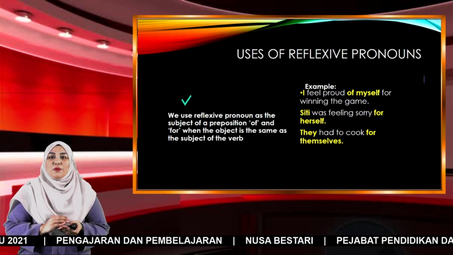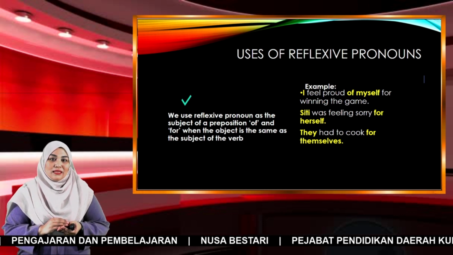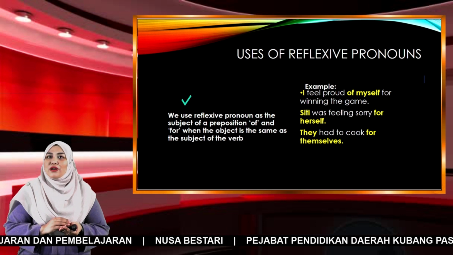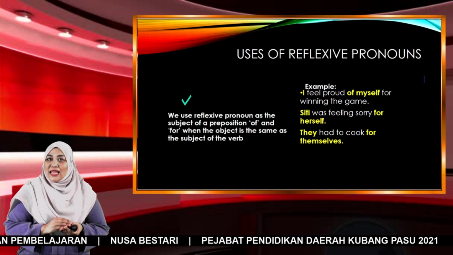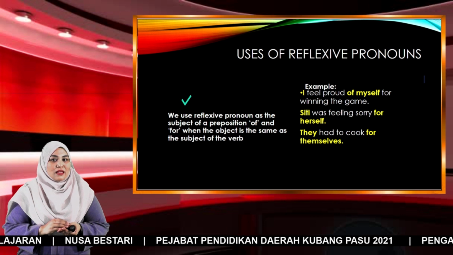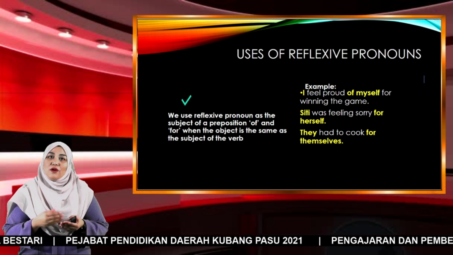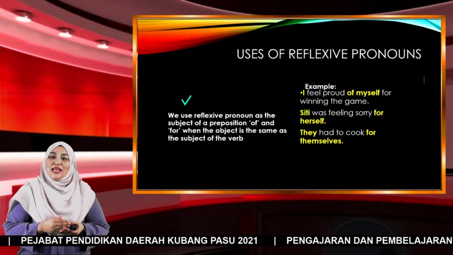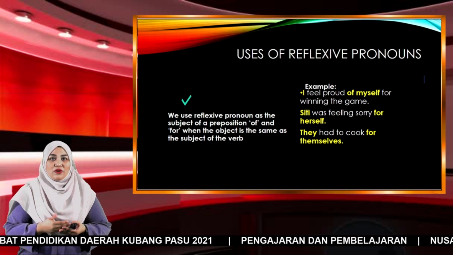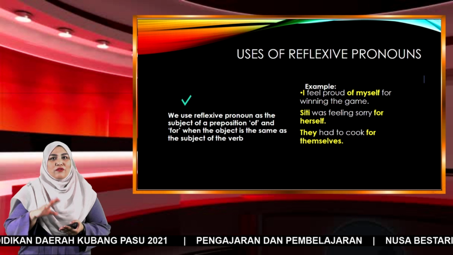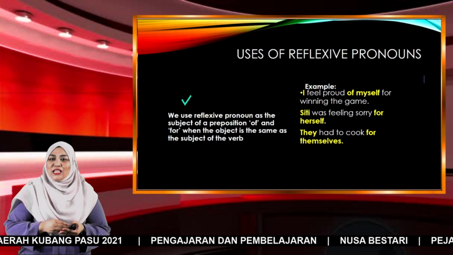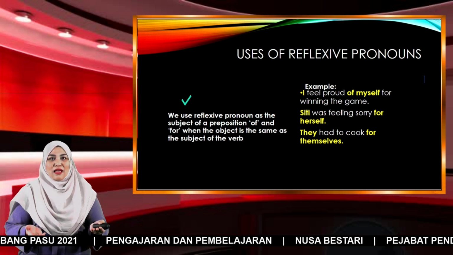Next, we take a look at the third example. They had to cook for themselves. They is the subject and had to cook is the verb. For themselves: for is the preposition and themselves is the reflexive pronoun. If you take away the word for, they had to cook themselves.